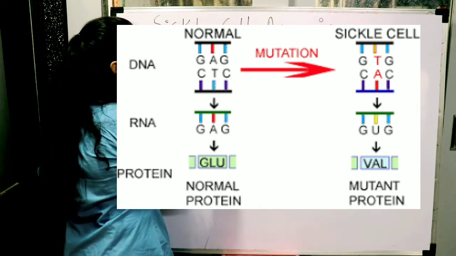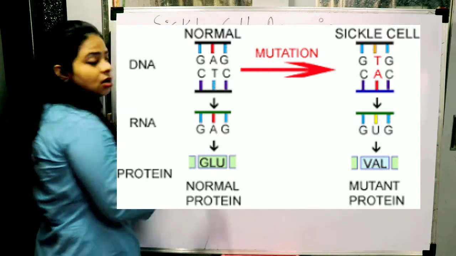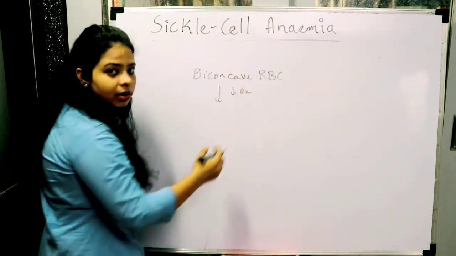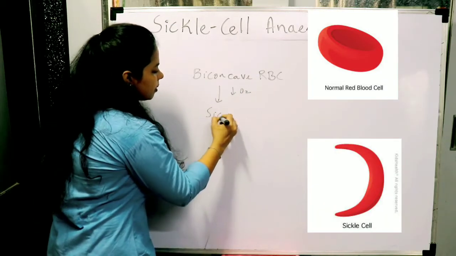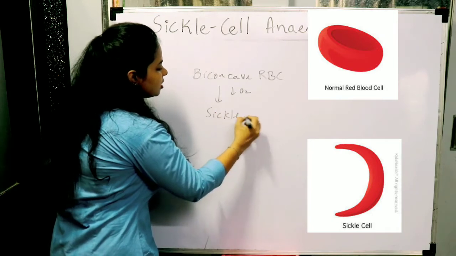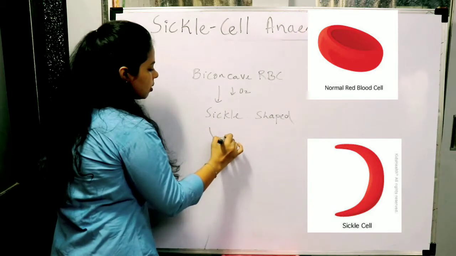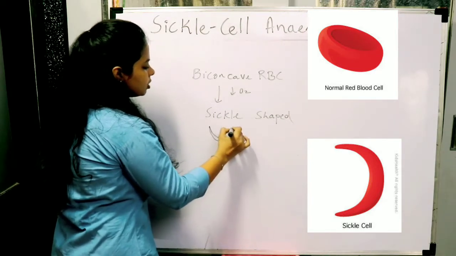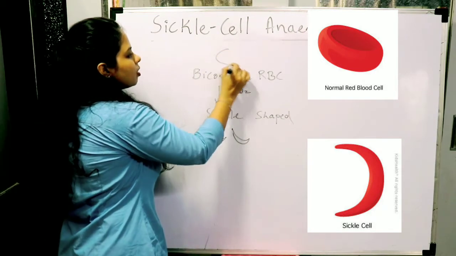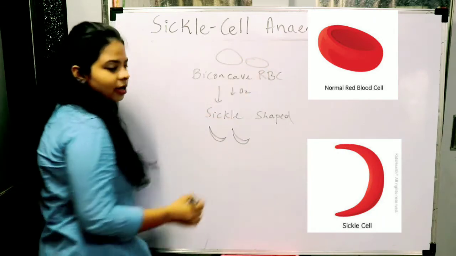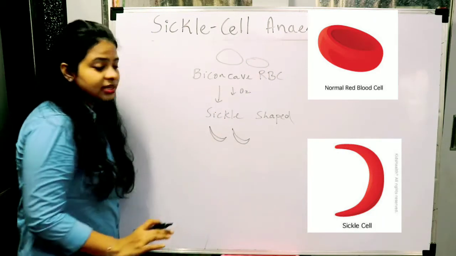Instead, in low oxygen concentration, thin sickle shaped RBCs are produced instead of the biconcave RBCs. Is it clear? Yes, this is what exactly happens.